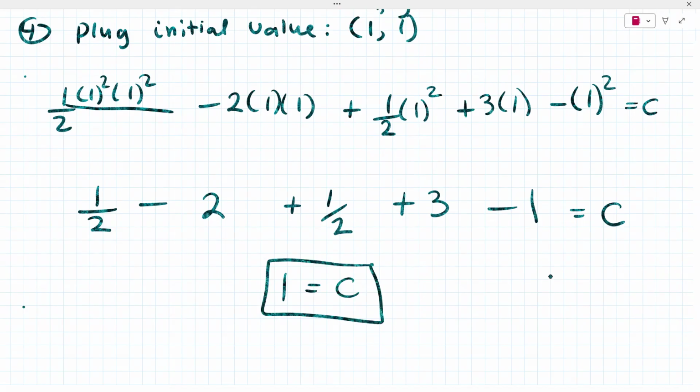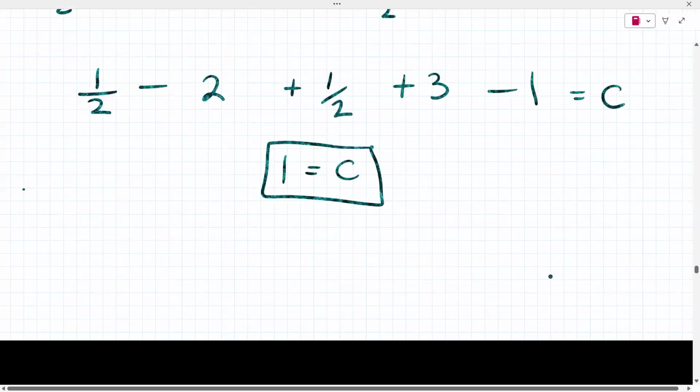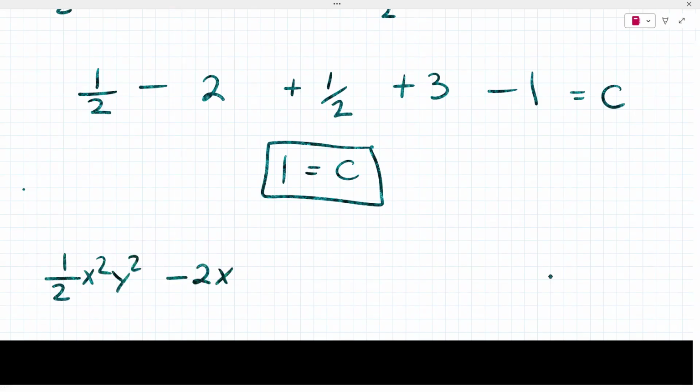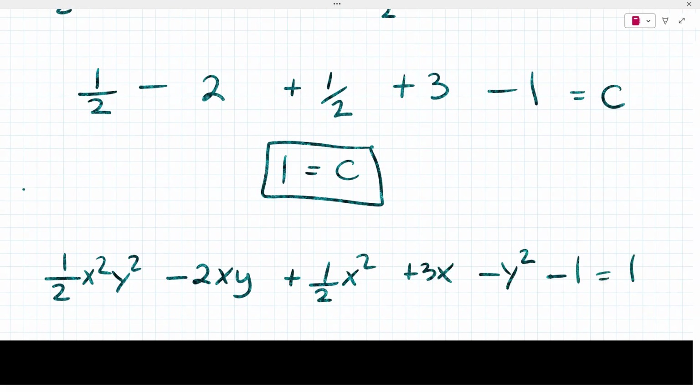Okay, so your final answer will be 1/2 x squared y squared minus 2xy plus 1/2 x squared plus 3x minus y squared minus 1 equals c, which is positive 1.